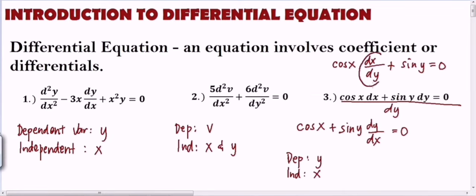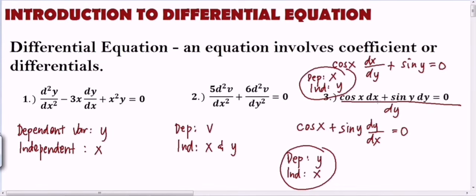So, again, ito naman yung derivative natin, dx over dy. So, kapag ganito, ang dependent nyo dyan would be x, ayan, kasi siya yung nasa numerator ng derivative. And then, ang independent niyan would be y. Okay? So, it's either divide nyo siya by dy or divide nyo by dx. So, ito yung dependent and independent niya kapag sa dy siya. Kapag naman dinivide siya by dx, ito yung dependent and independent niya.